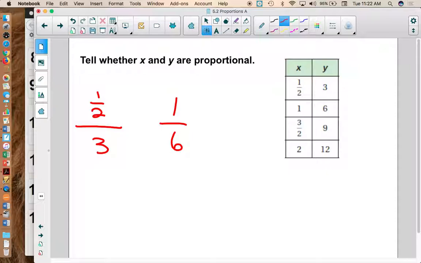I'm comparing X and Y, aren't I? Are they proportional? Thumbs up, they're proportional. Thumbs down, they are not. Showdown.